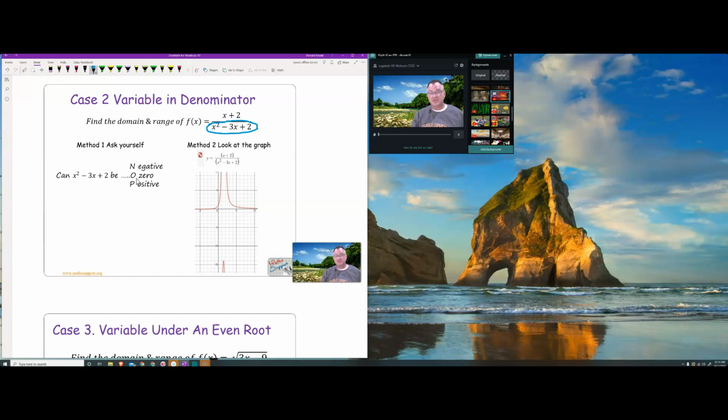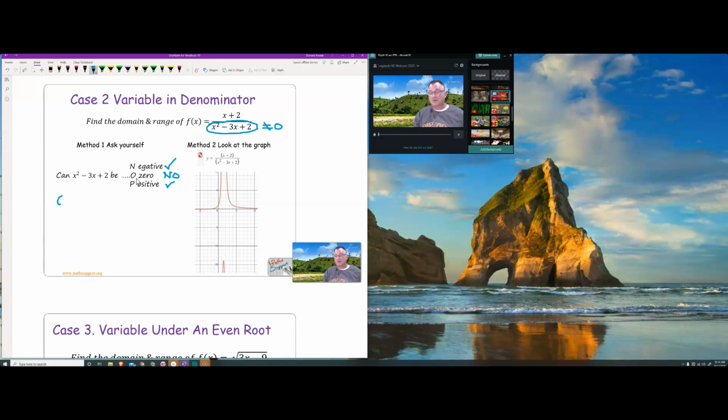And the answer is yes, that's okay. Can the denominator of a fraction be 0? And the answer is no. Can the denominator of a fraction be positive? And the answer is yes. So what we're going to say is this cannot equal 0. It can be anything else, just can't be 0.